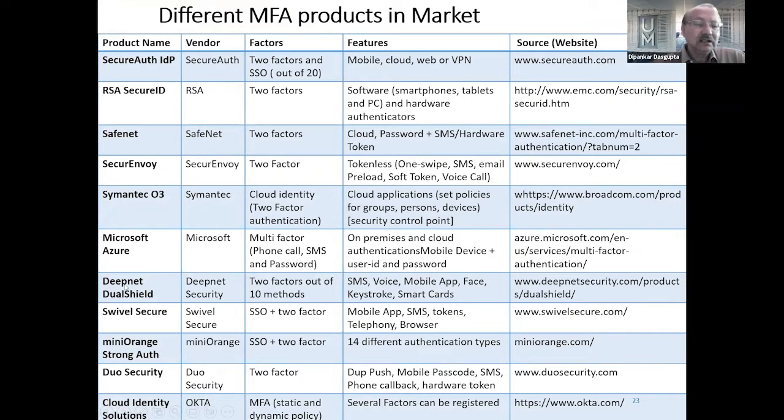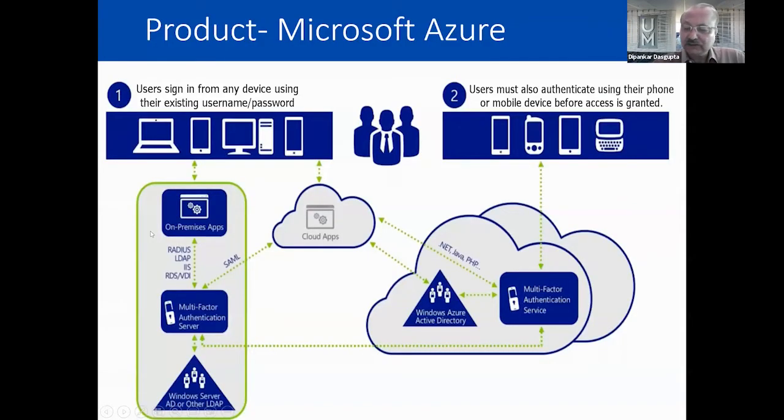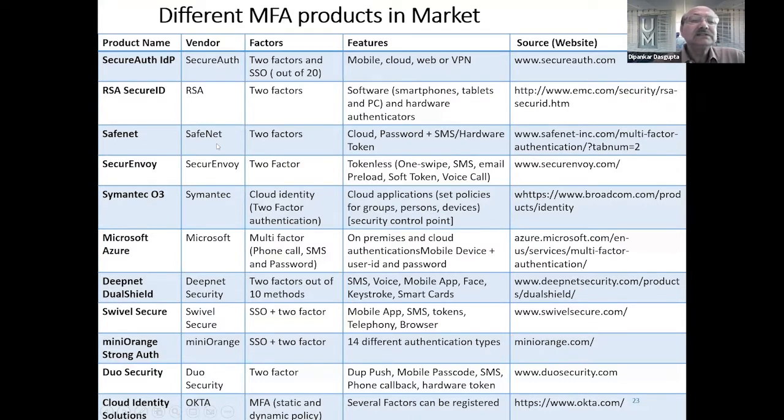These are Duo Security. Many of us use Duo Security in our university and organization. Okta is another big player in multi-factor authentication. And these are different vendors and how many factors they use and how many factors they register. These are all listed here, and their features and the website.